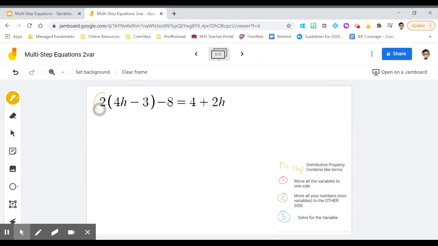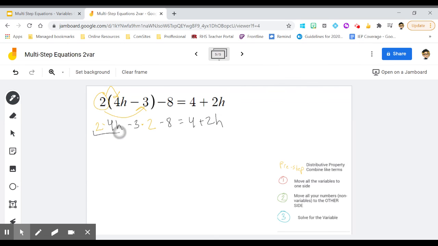First step, I'm going to distribute this 2. And I'm going to get 2 times 4h minus 3, times 2, minus 8 is 4 plus 2h.